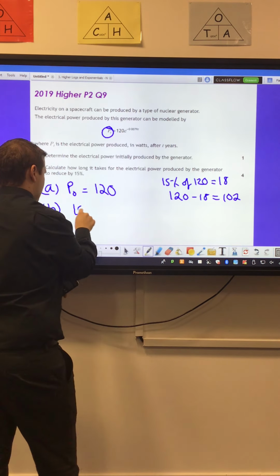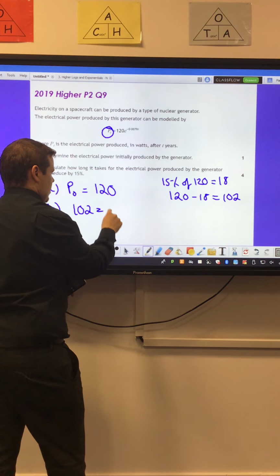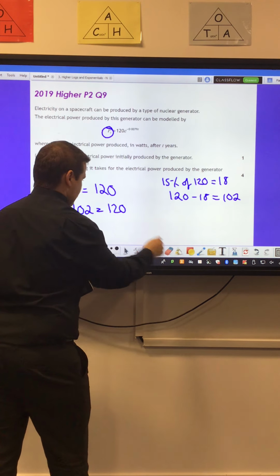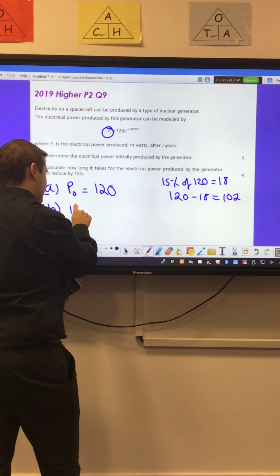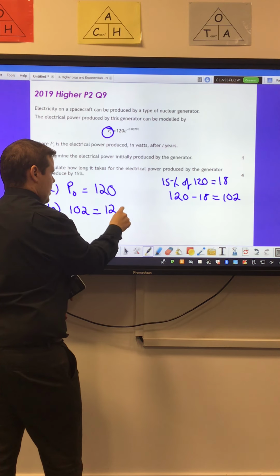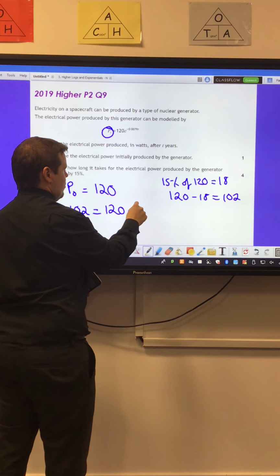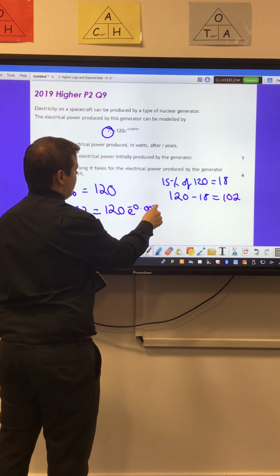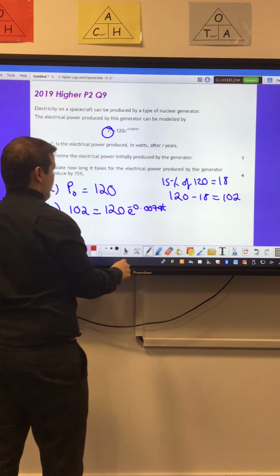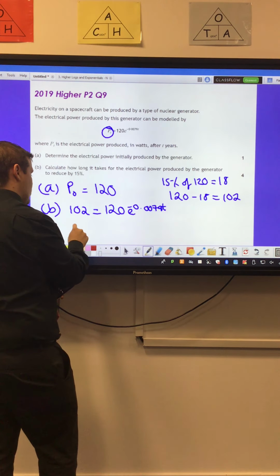So we're going to have 102 equals 120 e to the negative 0.0079t.